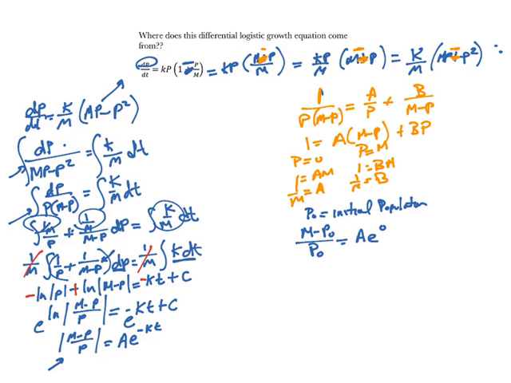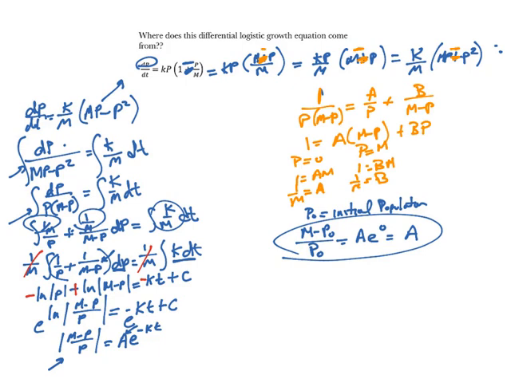That means that really that's equal to a. In other words, m minus initial population over the initial population. So that's really what a is. It doesn't really matter, you just need to know that that changes to a. It's still a constant, okay, for our purposes.